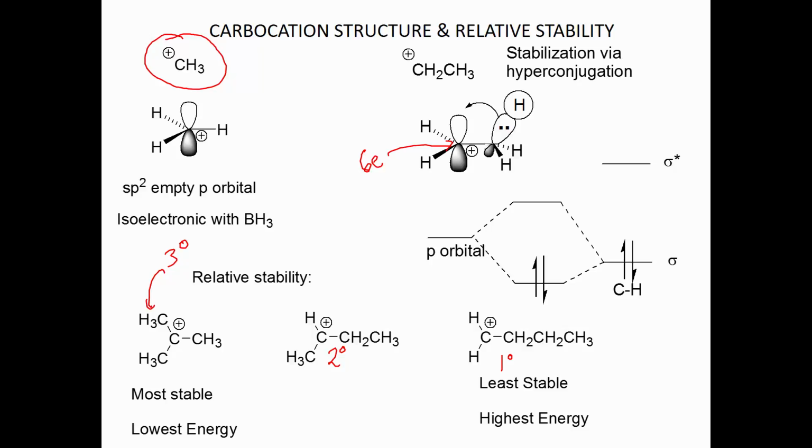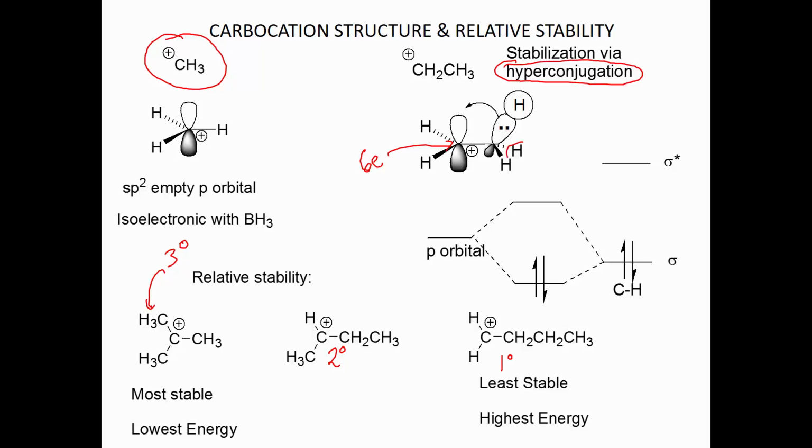We refer to this process of stabilization by overlap with adjacent sigma bonds as hyperconjugation. Hyperconjugation is shown here from the contribution of this CH bond.